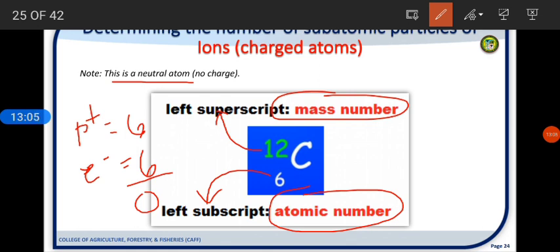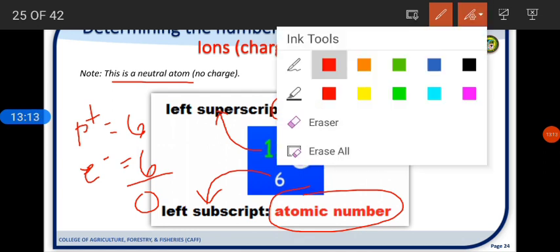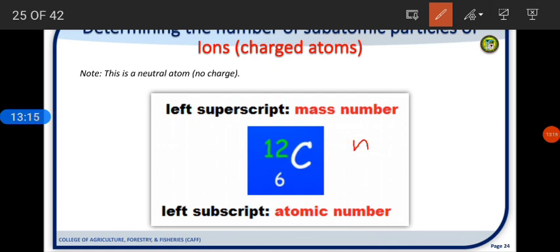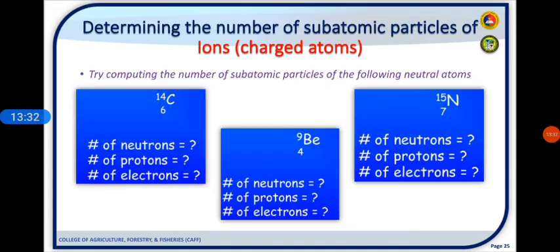Now, how about the number of neutrons? We have mass number minus atomic number. So 12 minus 6 is equal to 6. So the number of neutrons is 6. I hope you get that one.